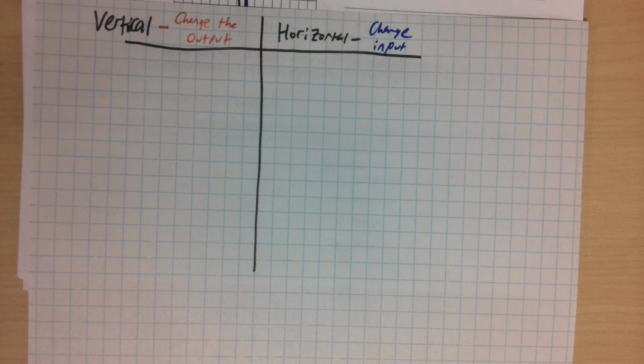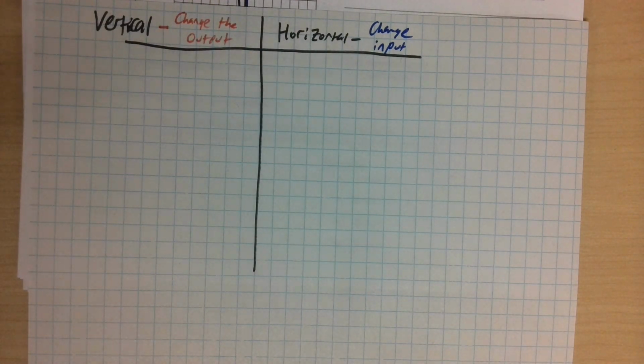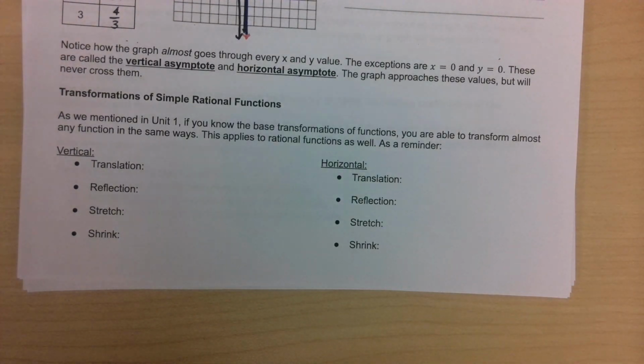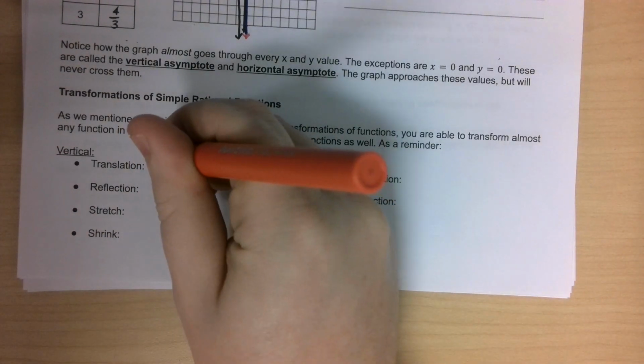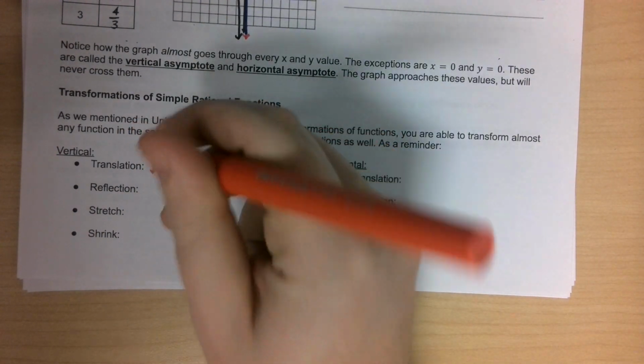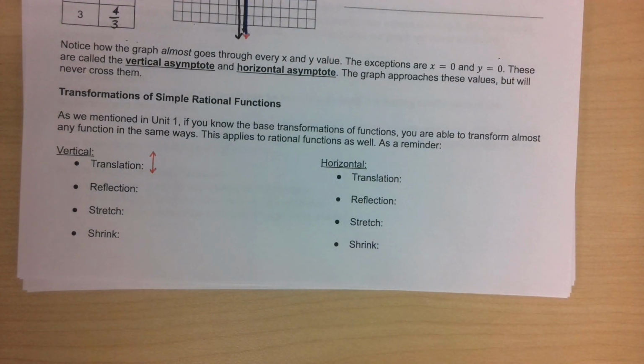But let's take a look at all these different types of transformations and see on here how it will actually affect our parent function. So, first off, we're starting with translations. As a reminder, translation is moving up or down. So, a vertical translation just means that we are moving our graph up and down by certain amounts.